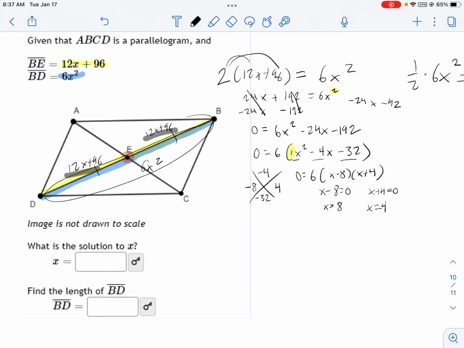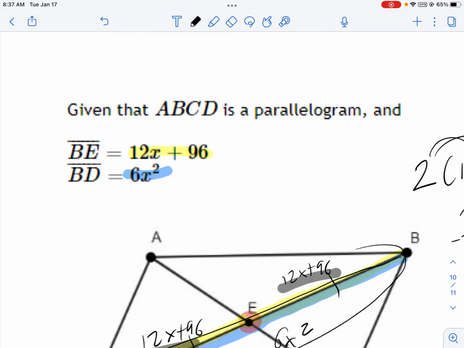First, let's try x is 8. If we do 12 times 8, we get 96, plus another 96 gives 192 when we plug 8 in for x there. If we plug 8 in here, we get 8 squared, which is 64, times 6, which is 384.